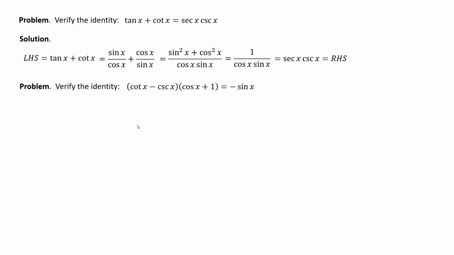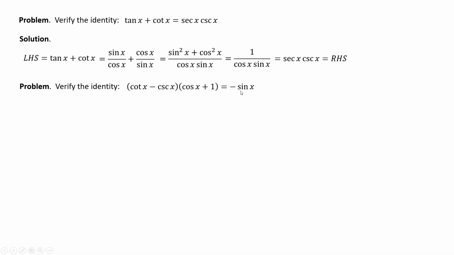Okay, cotangent x minus cosecant x times cosine x plus 1. To me, whenever I see this, maybe I'll put it in the form of a question.